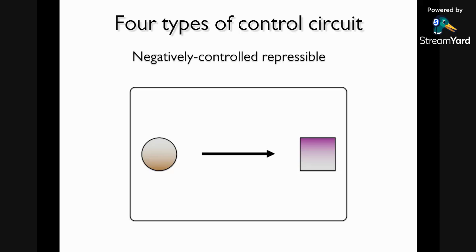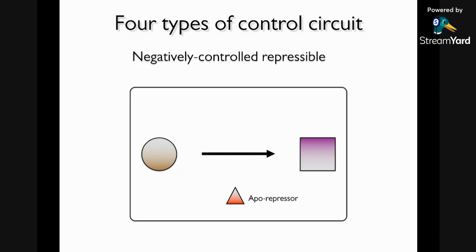Okay, negatively controlled repressible is the second type. So again, it is negatively controlled. Therefore, we're looking at a repressor as the predominant, the main star of the show, if you like. But this time it's repressible. So let's have a look at the repressor. Again, it is repressing this circuit. However, because it is repressible, in this case, we have something known as an apo-repressor, which is not a different repressor. Apo is just a posh biological term that we use to mean inactive.